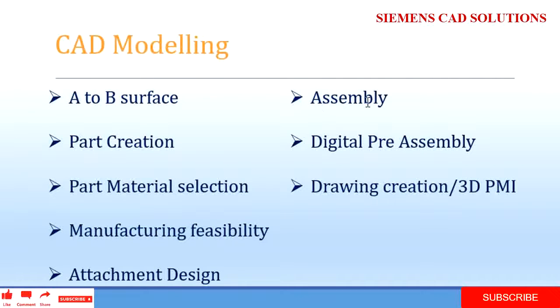So these are the processes that will be done under the CAD modeling. Once the parts are created, assembly, then the digital pre-assembly process will be done. This will be done with the help of Vismarkup or some other tool, depends upon the OEM.